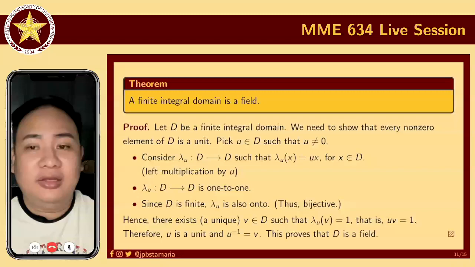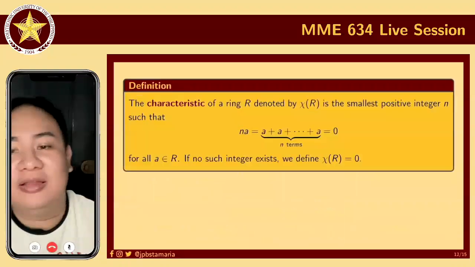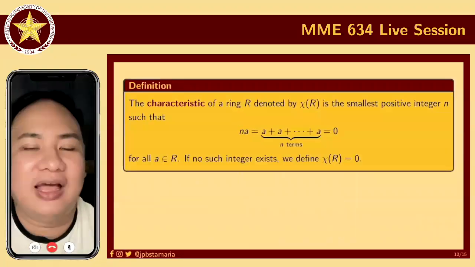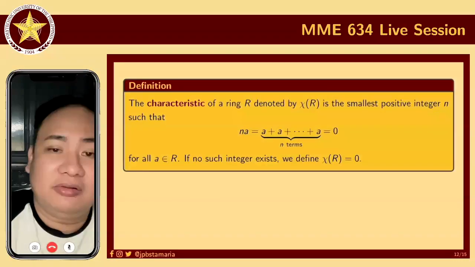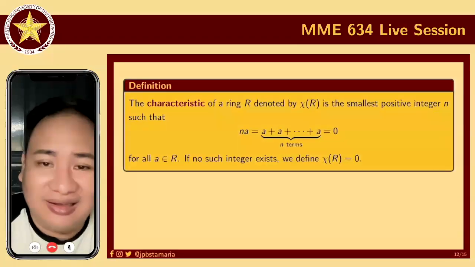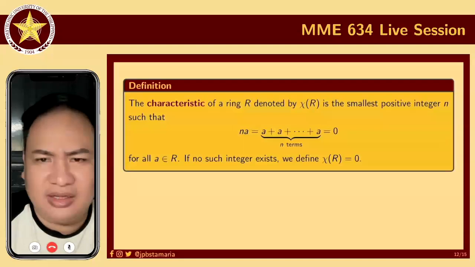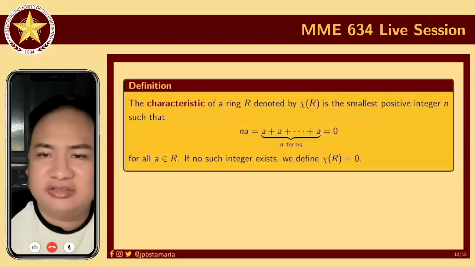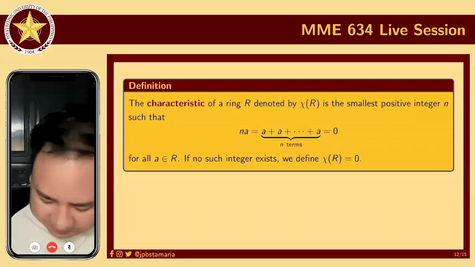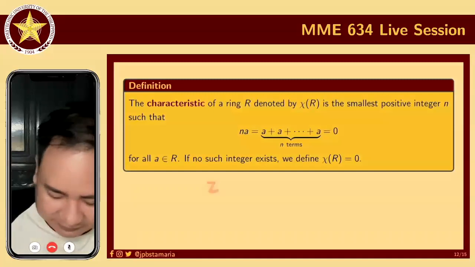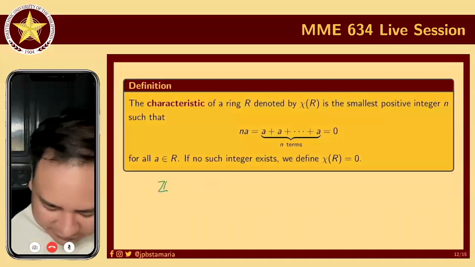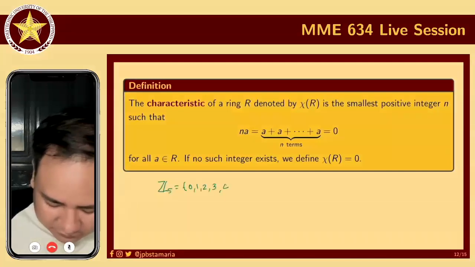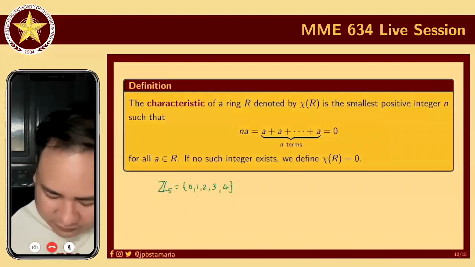Okay? So meron tayong isang aspect ng ring na pag-aaralan or mababanggit palagi. Yung tinatawag nating characteristic of a ring. Ano yung characteristic of a ring? Now, in some rings, halimbawa, sa Z sub 5, tignan nyo.